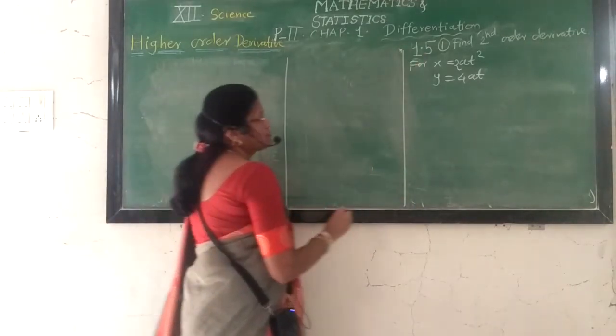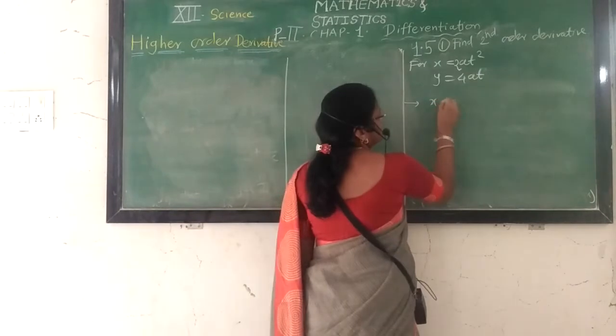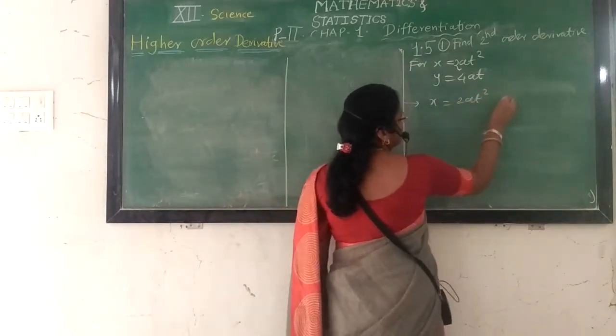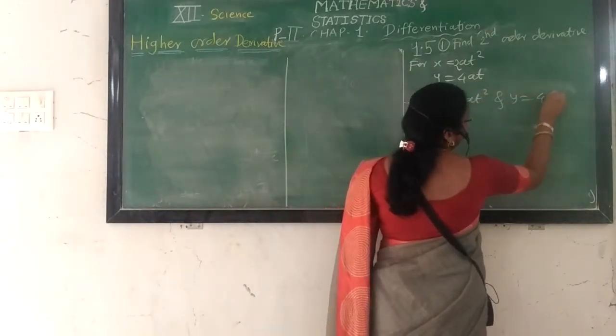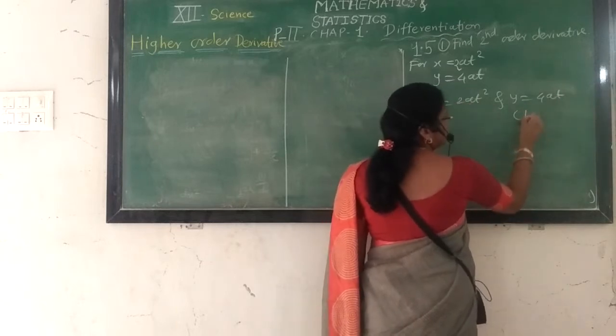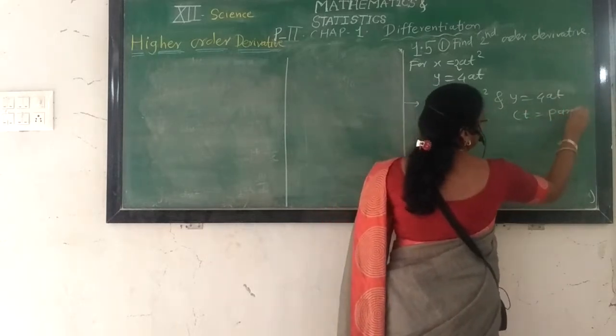Again, this is a very easy question. Now take x is equal to at square and y is equal to 2at. a is constant and t is the parameter.